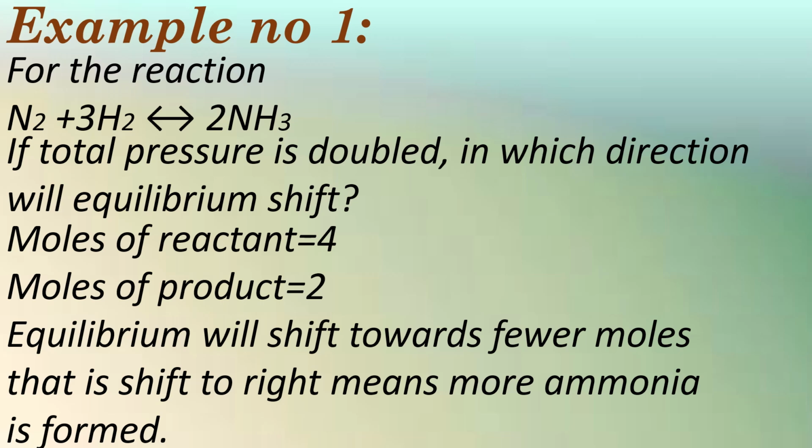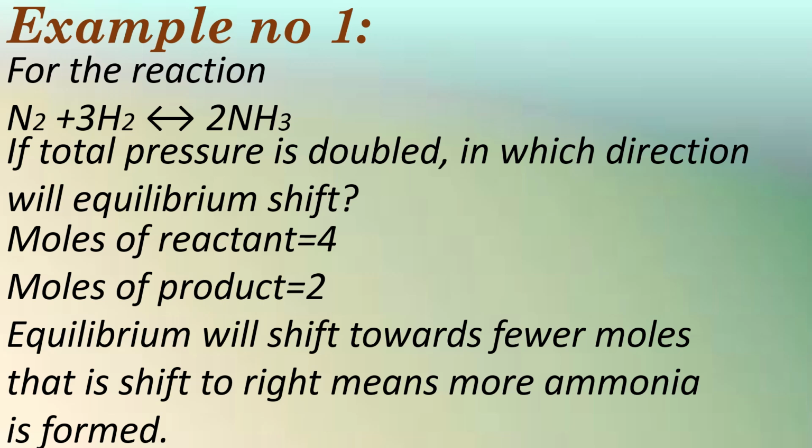If you can see, there are 4 moles on reactant side and 2 moles on product side. Moles of reactant are 4, 3 hydrogen plus 1 nitrogen, total 4 moles on reactant side, and moles of product are 2 moles of ammonia. So there are more moles on left side, fewer moles on right side.